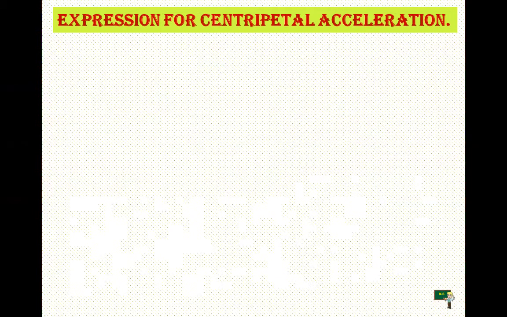Now, the expression for centripetal acceleration. You all know about centripetal acceleration from your lower classes. Let's take that centripetal acceleration. When a body is in uniform circular motion, its speed remains constant, but the velocity changes continuously due to the change in direction. Hence, the motion is accelerated.